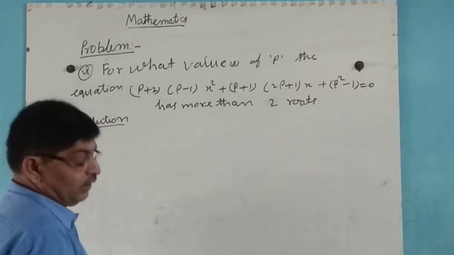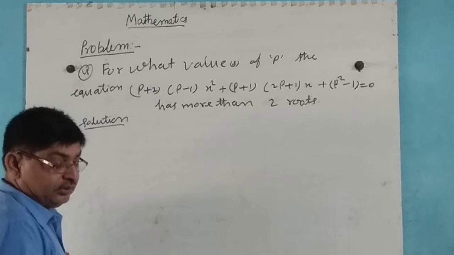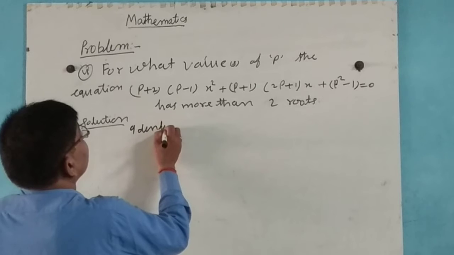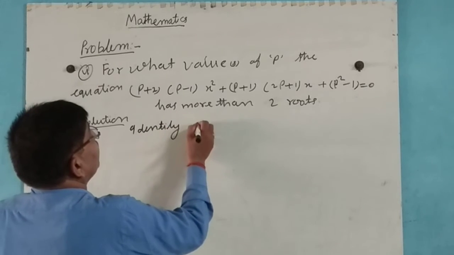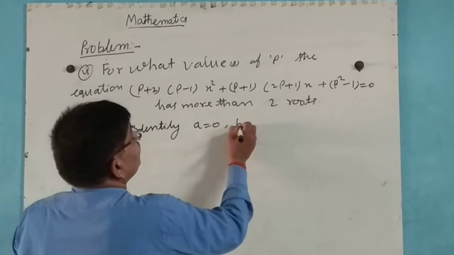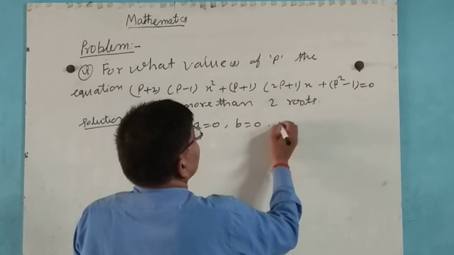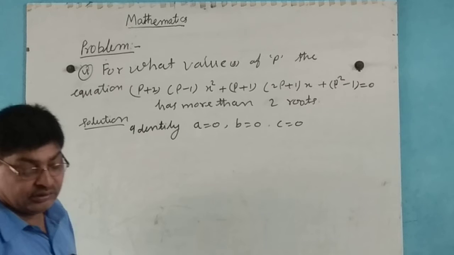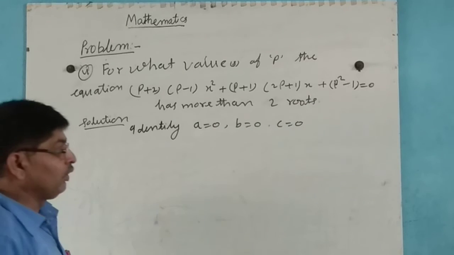Identity: a equal to 0, b equal to 0, c equal to 0 taken together.